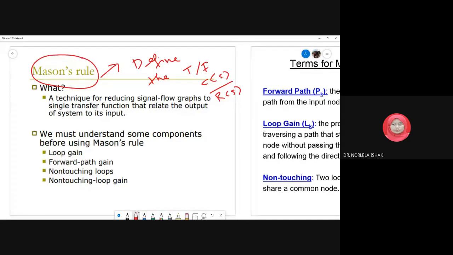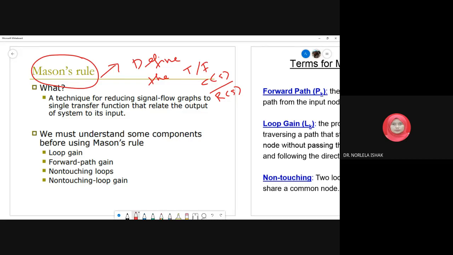Okay, now how to define transfer function using Mason's rule. This is also ada a few steps yang kita kena follow. Once you get the signal flow, we apply Mason's rule to define the transfer function.